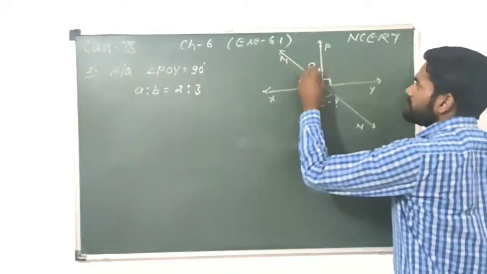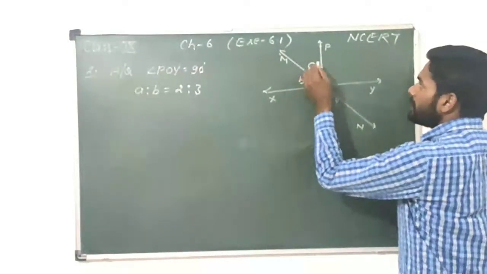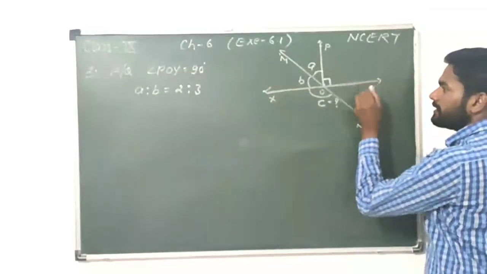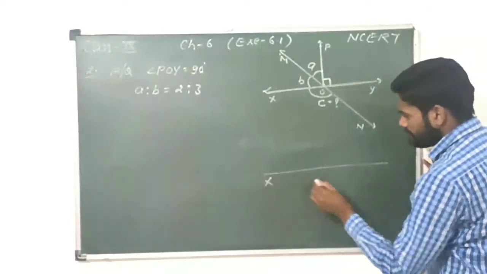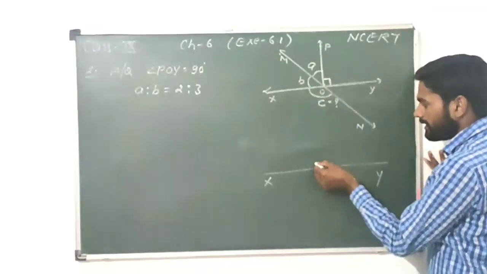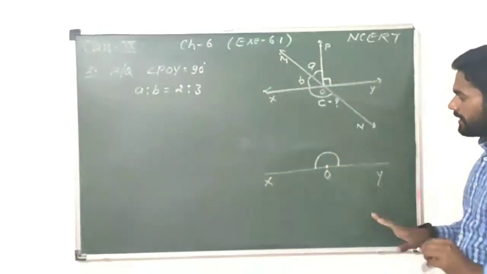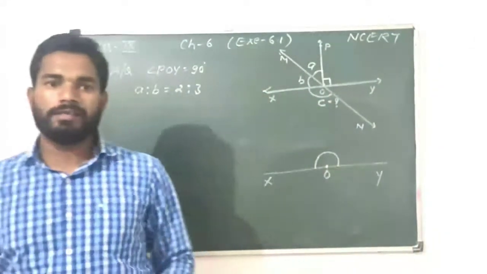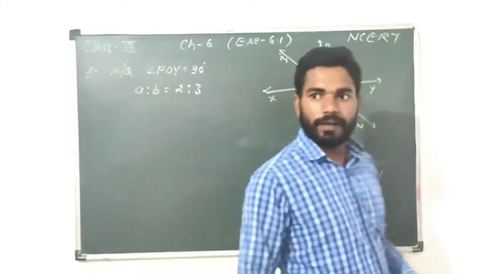From here we can say that angle POY, look here, XY is a straight line and this is the point O. This is a straight angle, and the measure of this angle is 180 degrees.